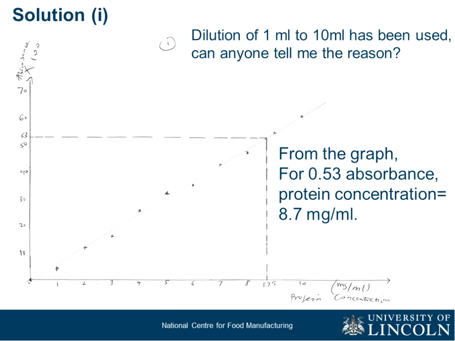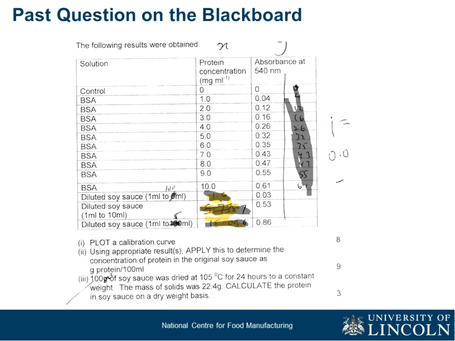So we have 0 to 10 for my graph, and because I want to make things easy for myself, you can see this is from 0 to 0.8. Don't forget, be careful. This is what you need for your calibration curve. You need the standard for your calibration curve, not this.